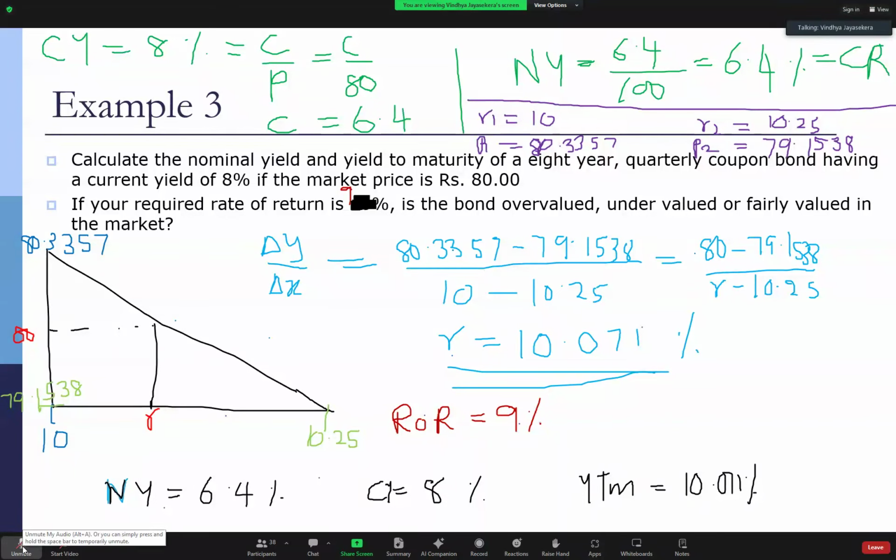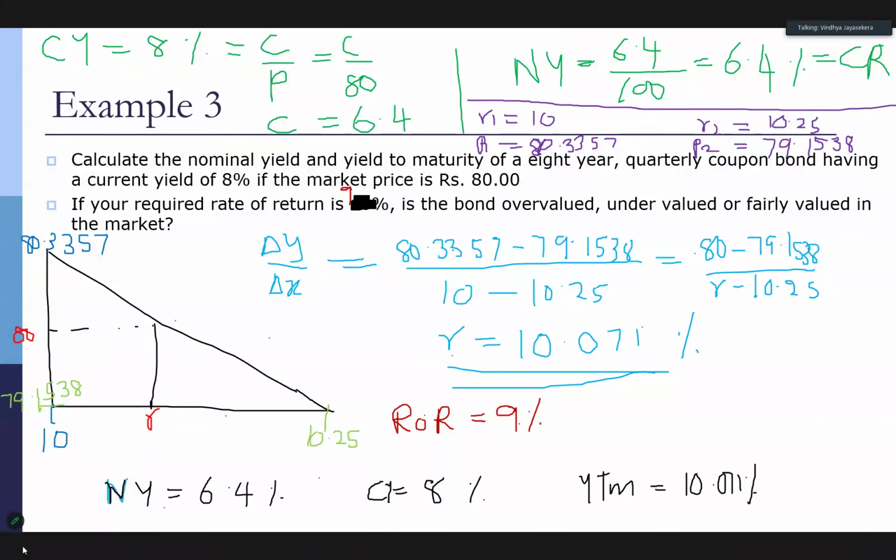Do you compare it against nominal yield, current yield, or yield to maturity? Yes. Because we said nominal yield and current yield are not sufficient. Yield to maturity takes into account multiple considerations, right? Like your capital gain, like your coupon, like the time value of money, right? So it does have its own faults and problems, but it does take into consideration multiple things that nominal yield and current yield do not.